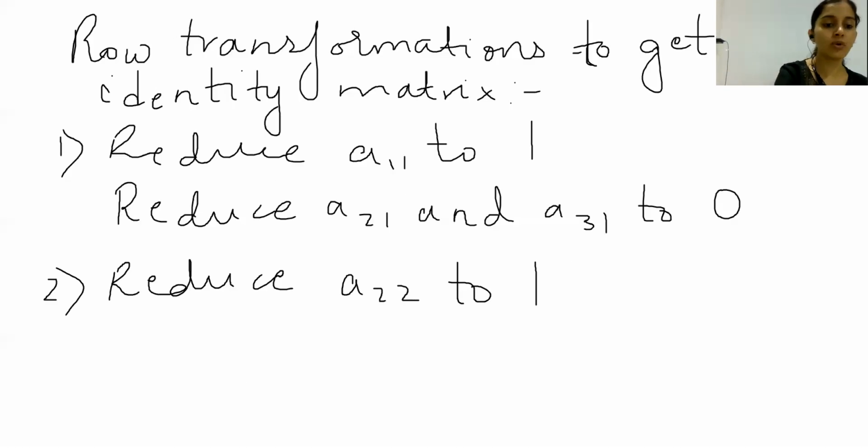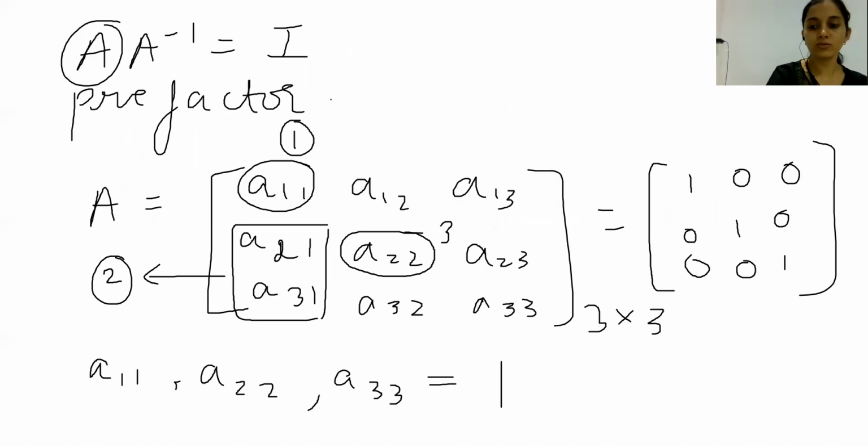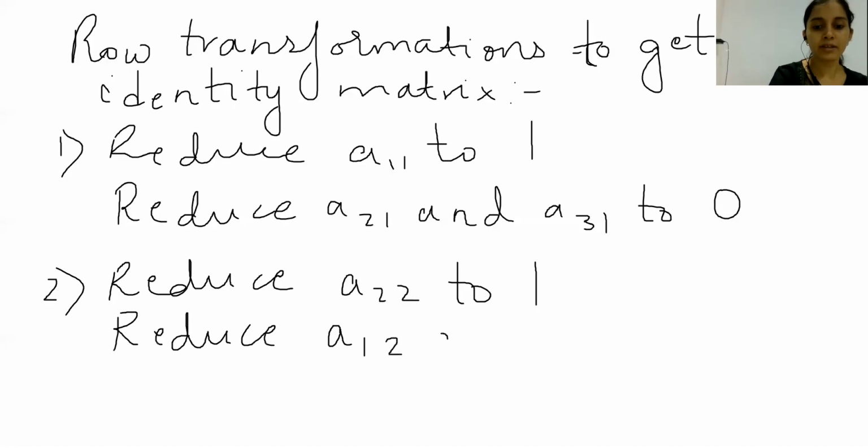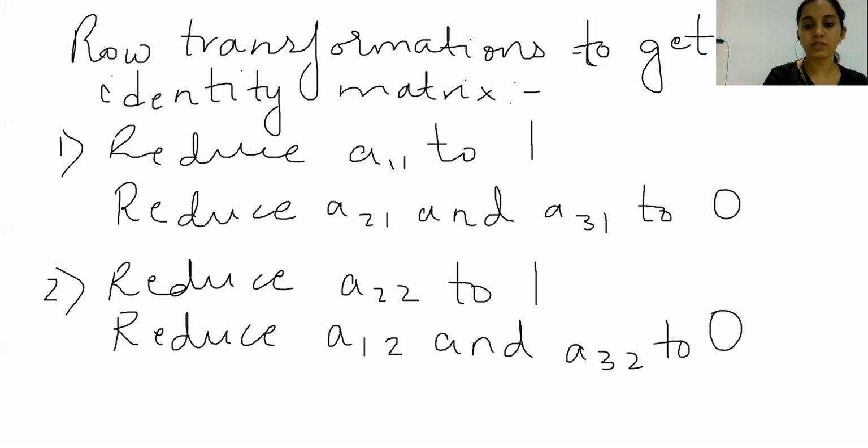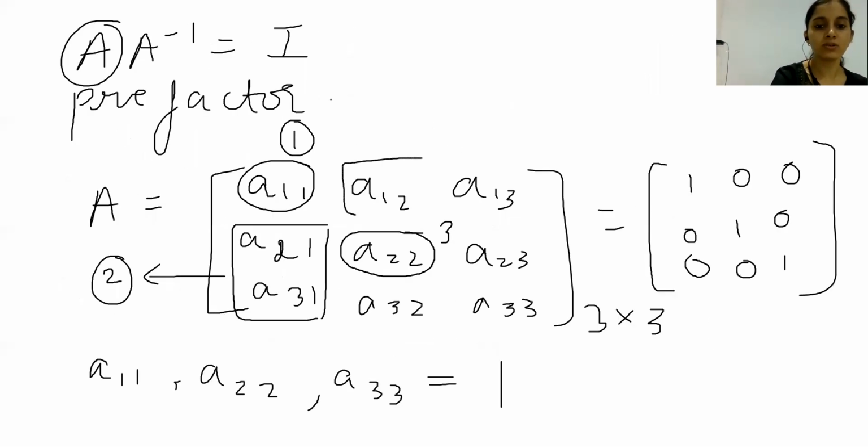And then what will you reduce to 0? Reduce A12 and A32 to 0. This is your fourth step.